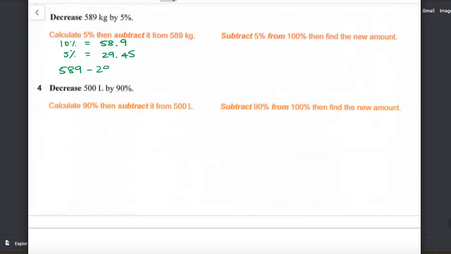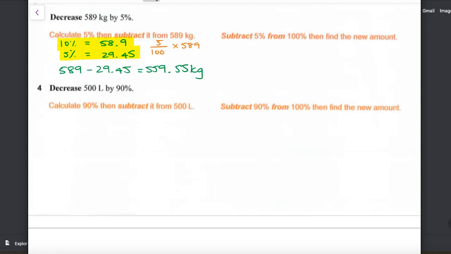So I'm going to take away the 29.45 and that will leave me with 559.55 kilograms. Now this is one approach we can use to find 5% by first finding 10%. We could also take that idea that 5% is 5 divided by 100 or 1/20th of that 589.